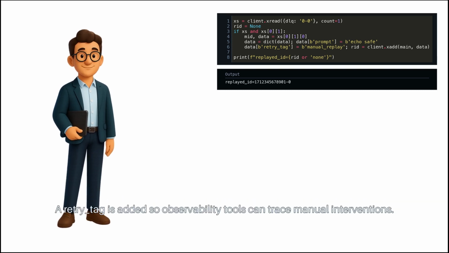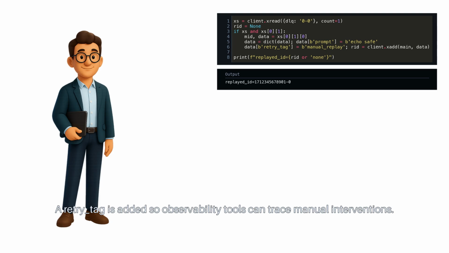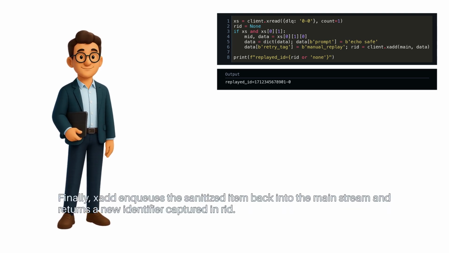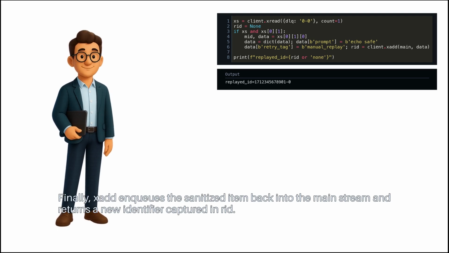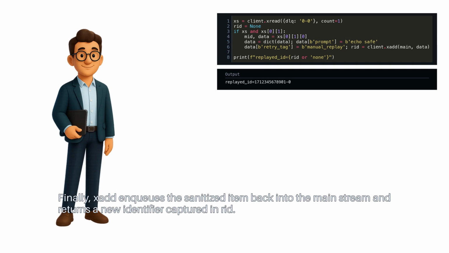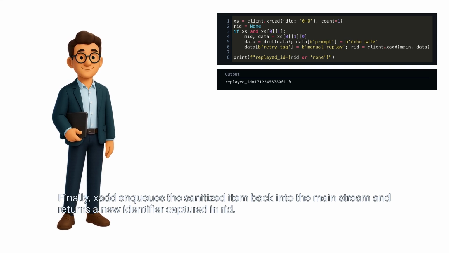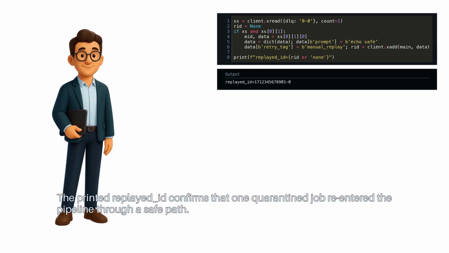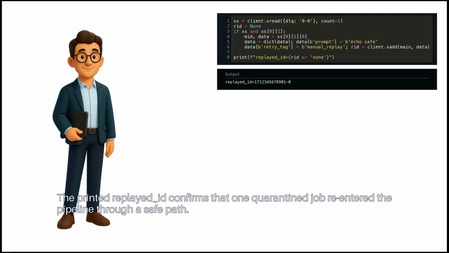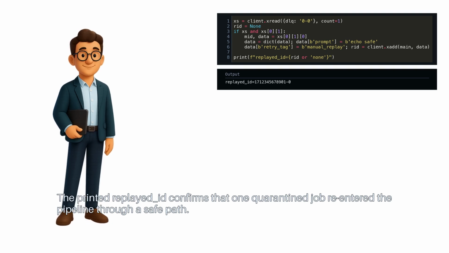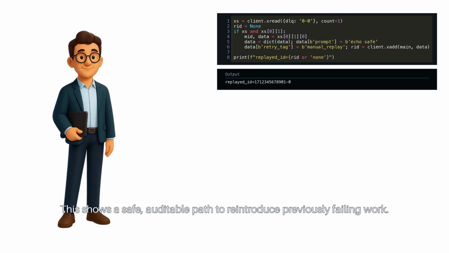A retry tag is added so observability tools can trace manual interventions. Finally, xadd enqueues the sanitized item back into the main stream and returns a new identifier captured in rid. The printed replayed ID confirms that one quarantined job re-entered the pipeline through a safe path. This shows a safe, auditable path to reintroduce previously failing work.